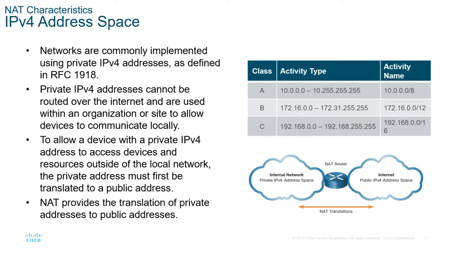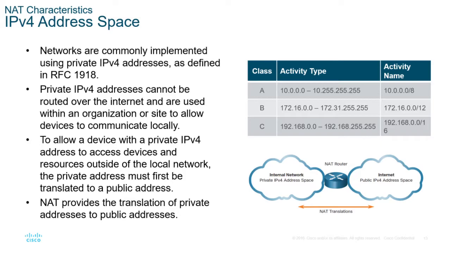The private ranges that we should know about are broken up into three classes: Class A, Class B, and Class C networks. So these ranges that you see are private address ranges that we can use.